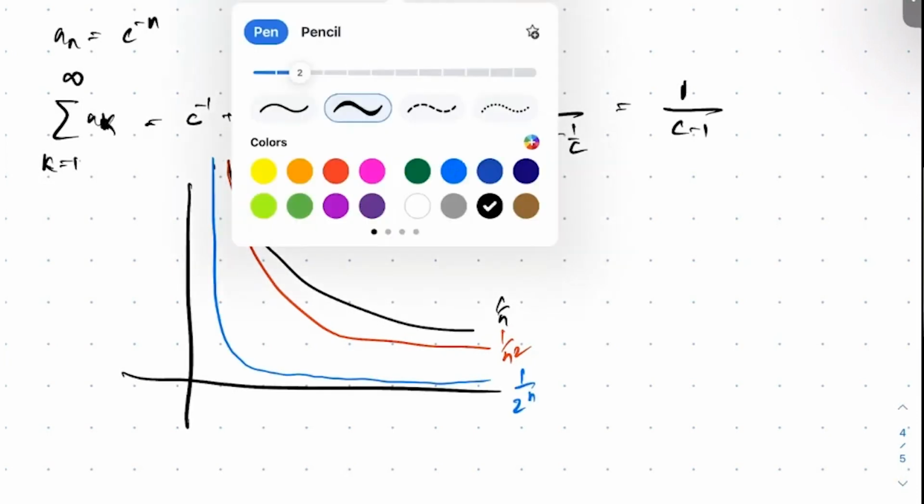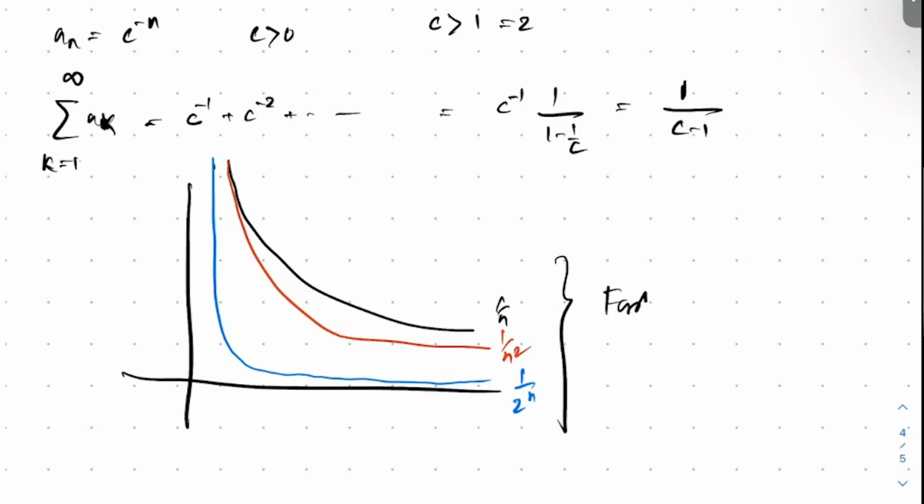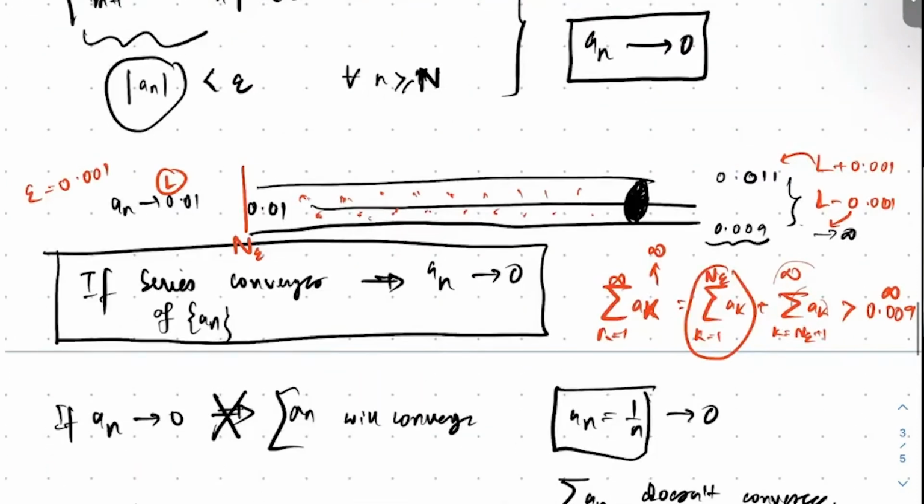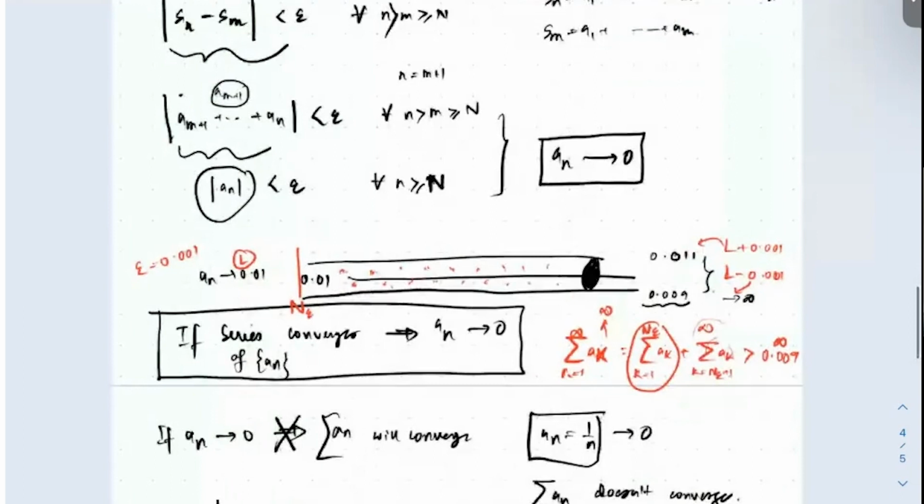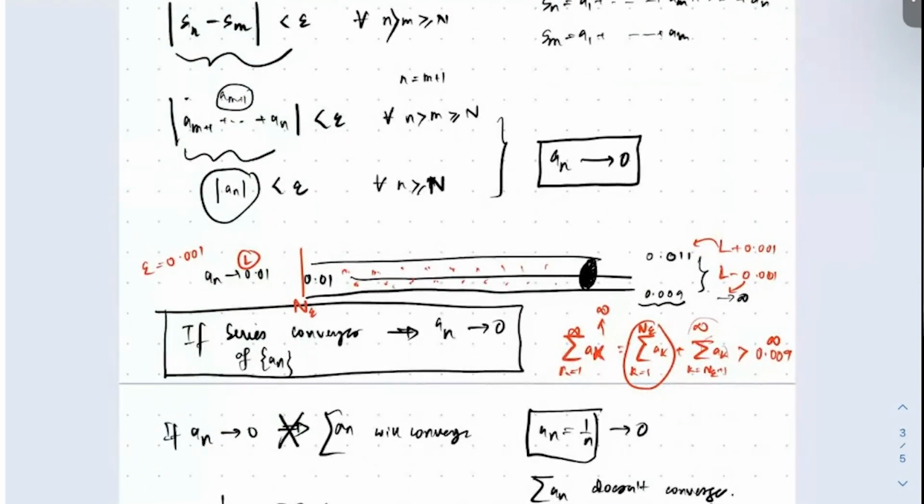So essentially, my idea is fastness. This one doesn't converge, but this converges and this converges. That means the fastness of convergence to zero matters, how fast it is going to zero. We will make it more mathematical. It matters not only that it goes to zero, but also how fast it is going to zero. All of you understood it?